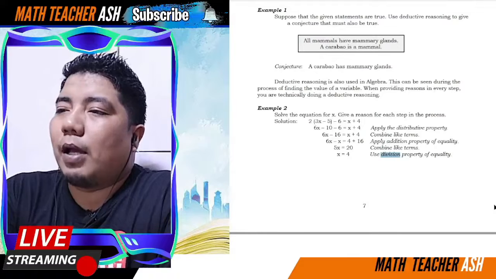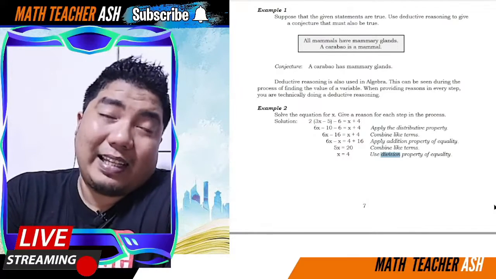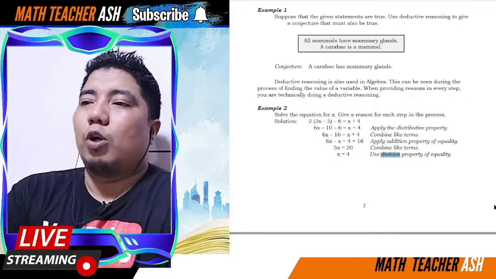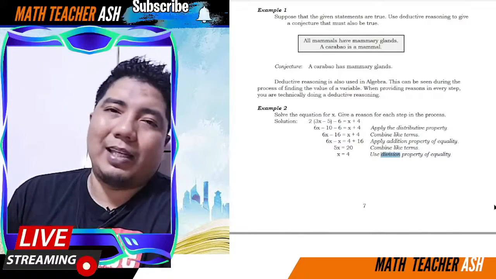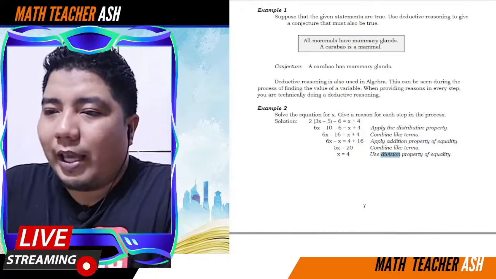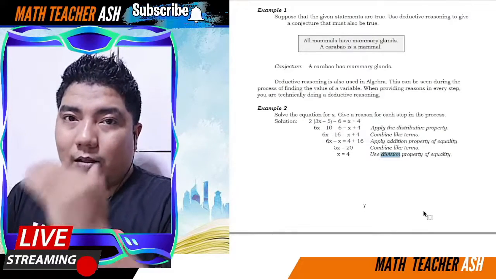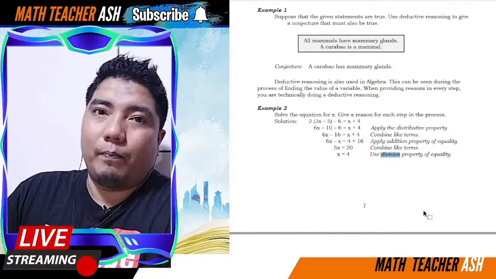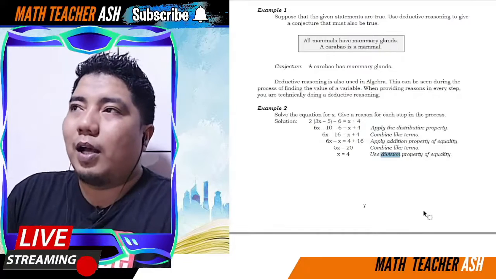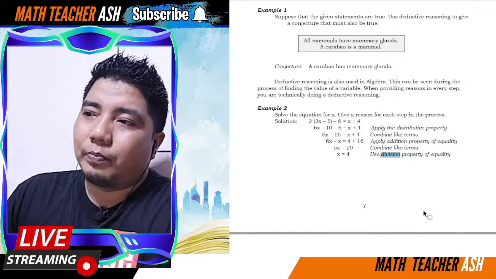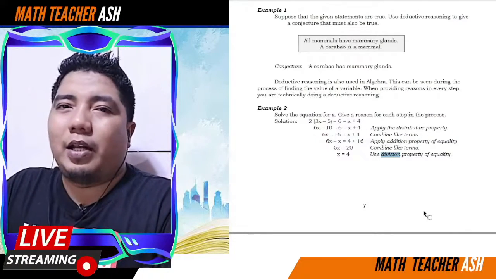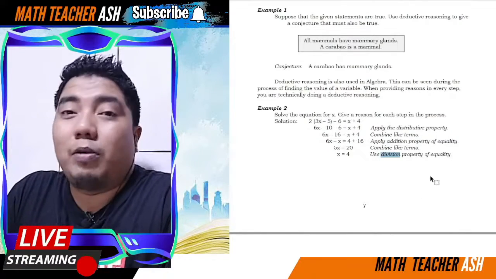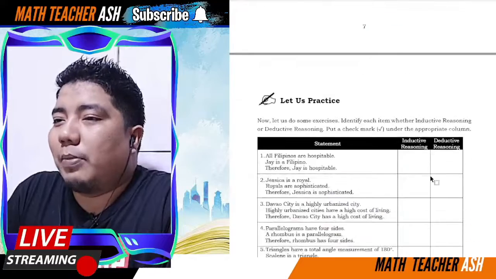Okay. So somehow, this is an example of a deductive reasoning. Why? Because all the process in simplifying or in getting the value of the variable is being made step by step with kaukulang basis from a certain rule, or property. So, ganun siya, my dear math learners.